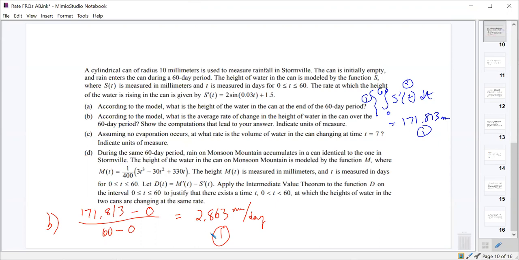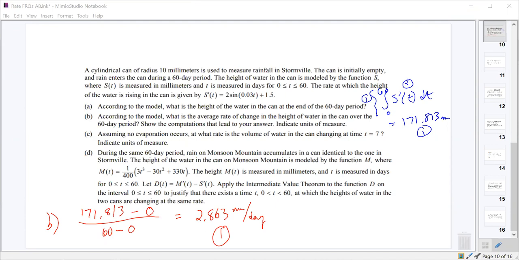All right. Part C is a little different than the ones we've seen, I think. So it's assuming no evaporation, so we're pretending we don't live in the real world. We want to know at what rate is the volume of water in the can changing. So we need a formula to represent the volume of this can now rather than just the height of it. And so what's the volume of a cylinder? It should be pi r squared times the height, right?